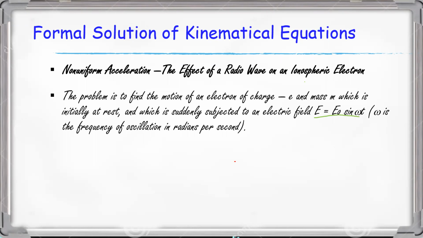Okay, so our problem is finding the motion of electron of charge minus e and mass m, which is initially at rest, which is suddenly subjected to an electric field E = E0 sin omega t, where omega is the frequency of oscillation in the unit of radians per second.